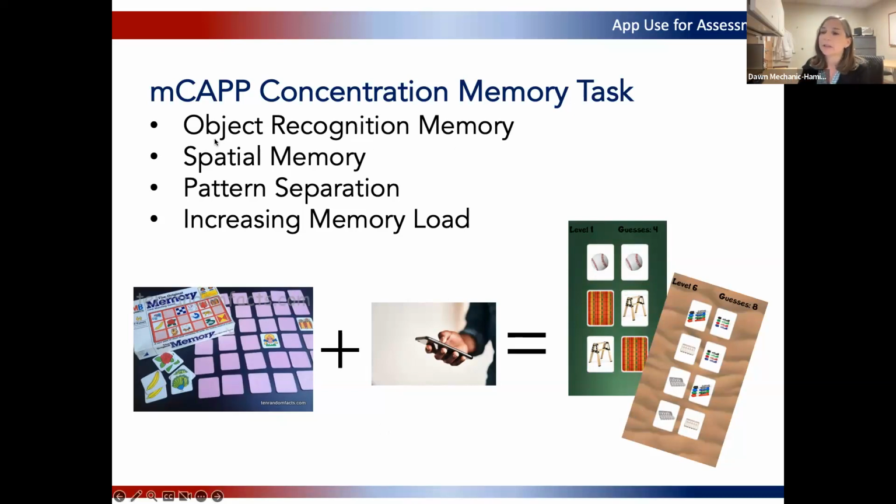And there, we're looking at object recognition memory, we're looking at spatial memory, pattern separation, and over time an increasing memory load. So this adjusts to the performance of the individual. If they are able to clear one level, it gets harder, they get more cards, and it goes up and up and up. You can see here, I just want to point out what we call the lure levels.